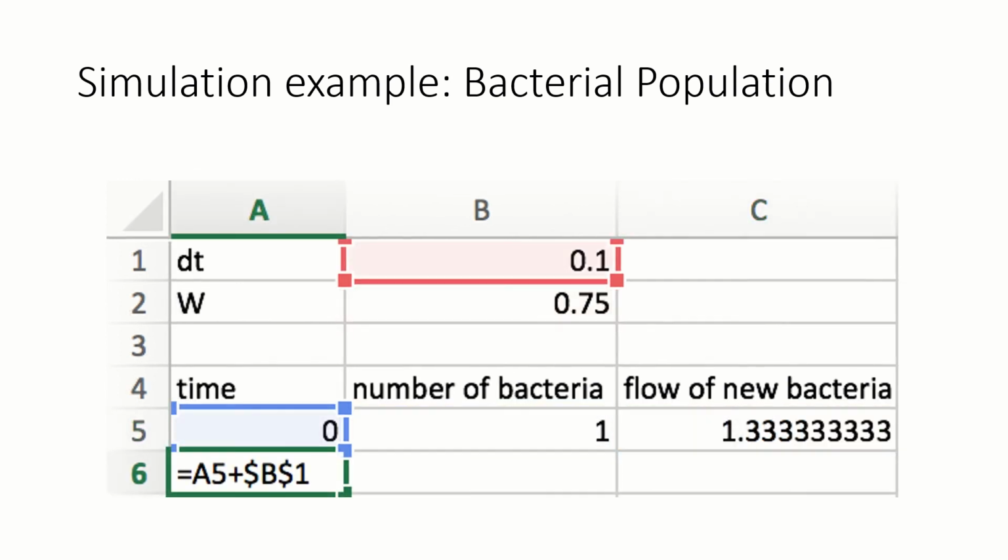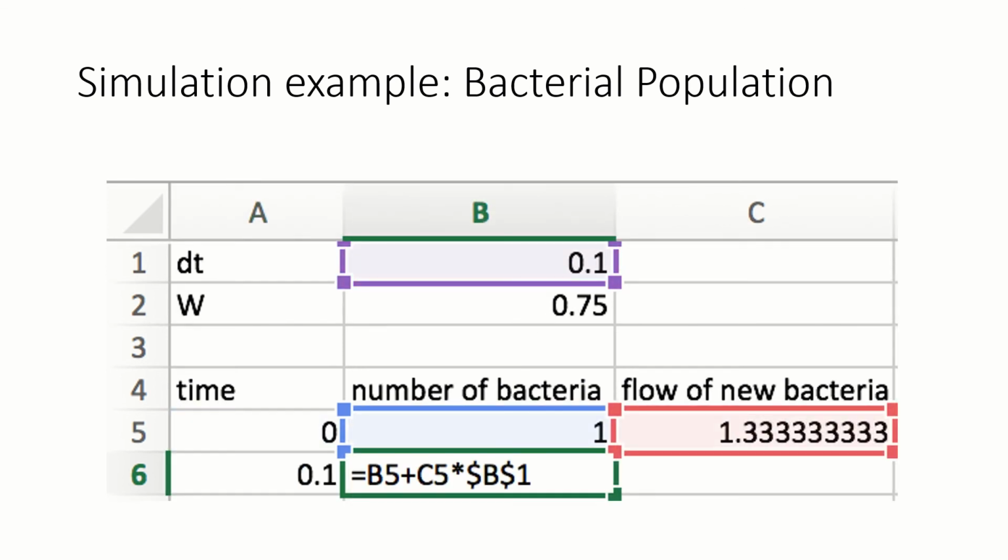In my next time step, I started at time 0, and I'm going to add DT to it to figure out where I am now. So I just did my previous row plus the DT, which has those dollar signs in it, meaning it's those special parameters up there. As I fill down, it never changes these. It keeps it B1. That's why the dollars are there.